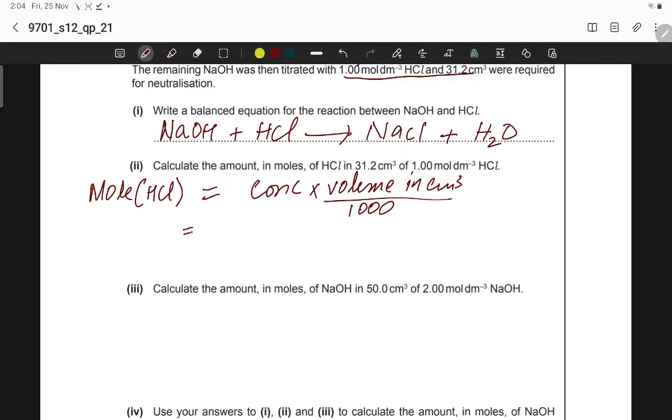The mole of HCl is equal to 1 mole into 31.2 divided by 1000. So the answer is 0.03 mole.